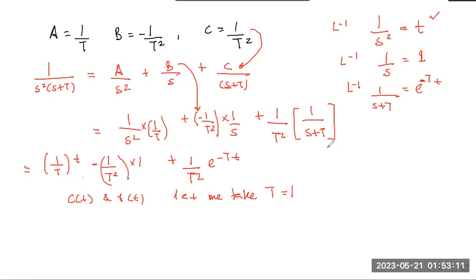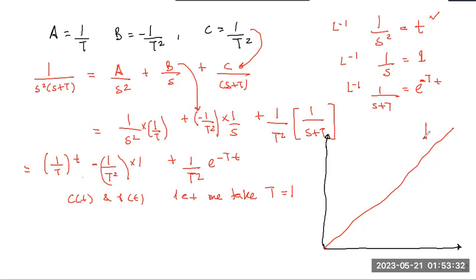The normal ramp function, this is the curve, from here to here, I've drawn the normal ramp function r of t. And what I need is r of t equal to t, so I draw another function.